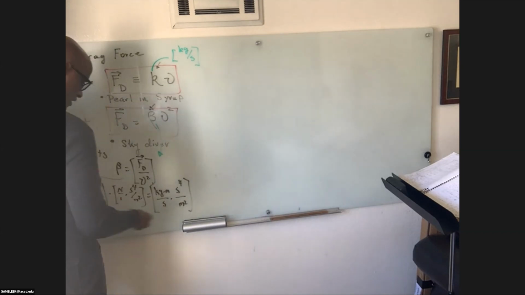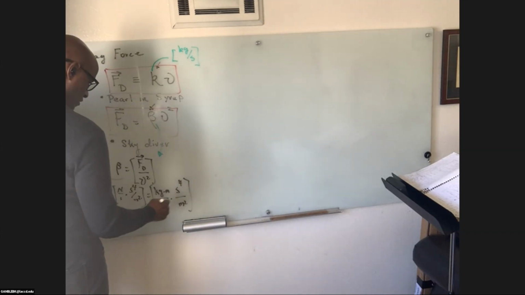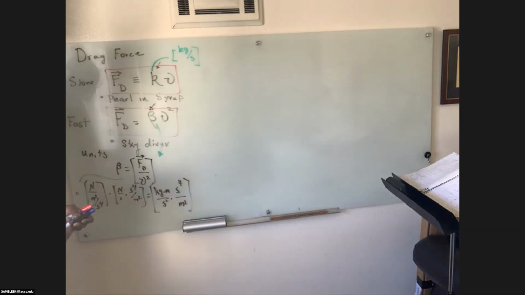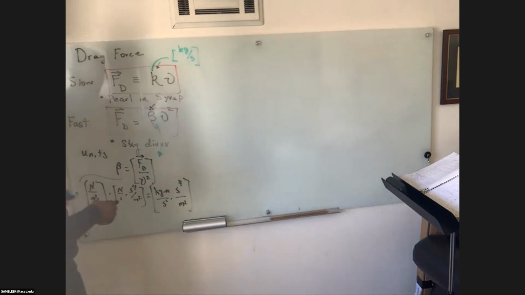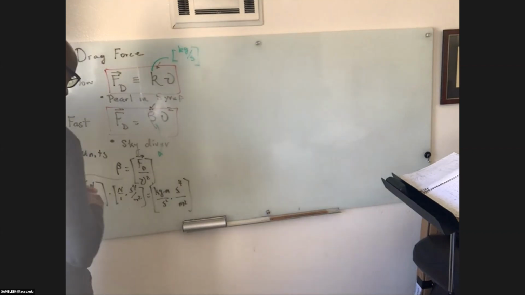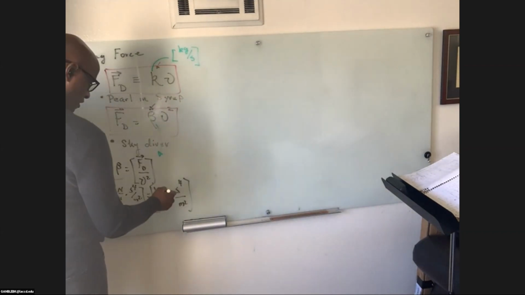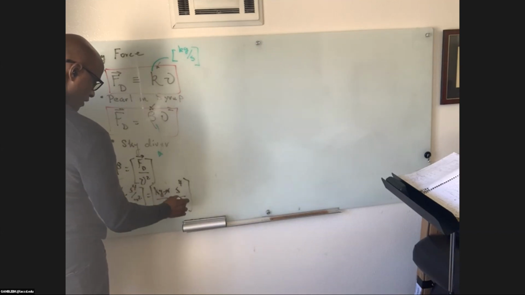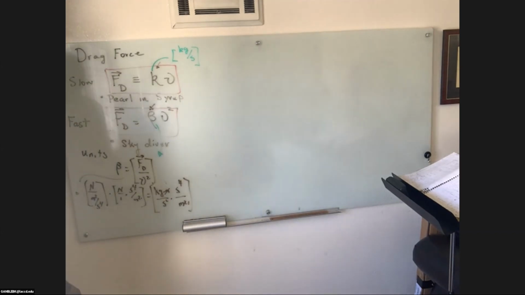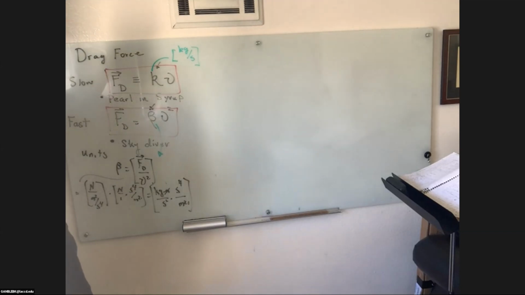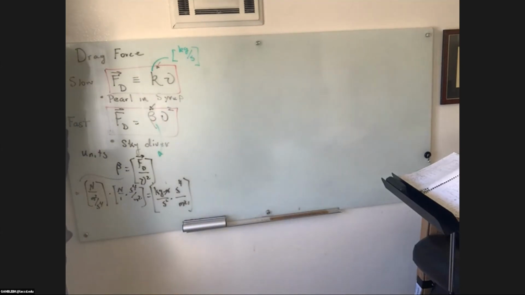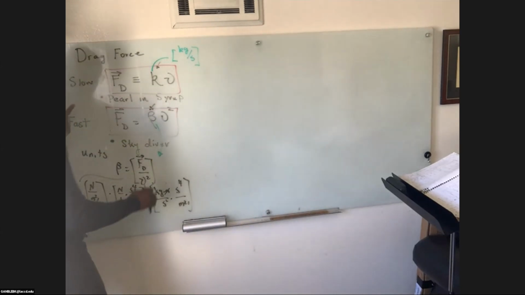Kilogram meter per second squared. So we have meter cancels one. You know what? Yeah, I did mess up, didn't I? I'm thinking of acceleration. Velocity is meters per second.